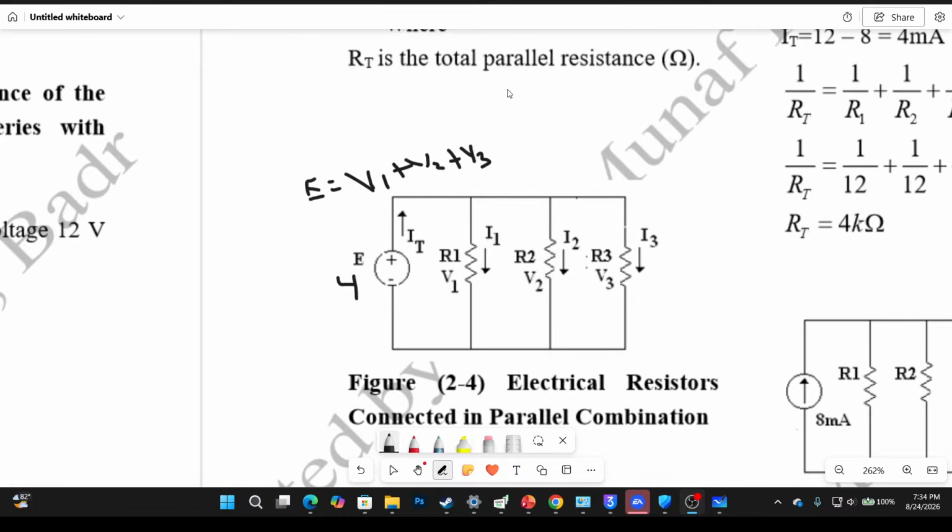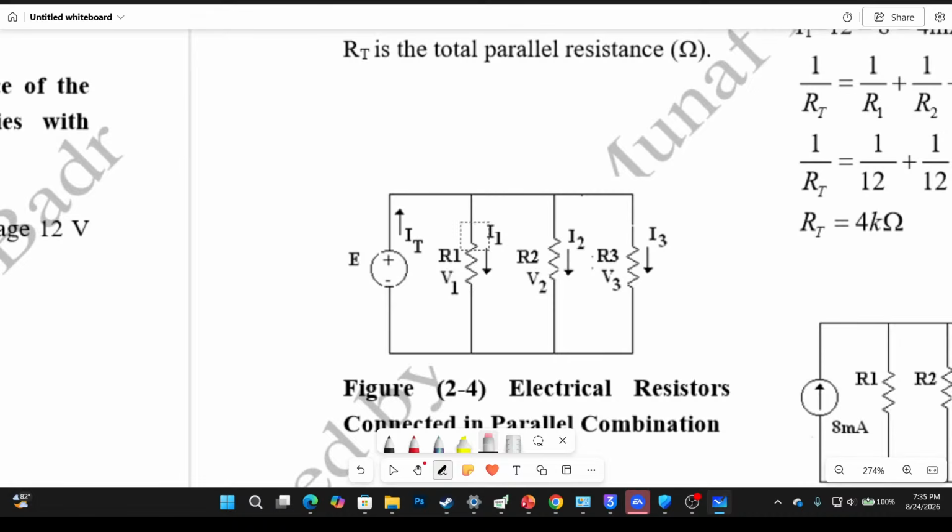We move on to what we call the KCL and then the KVL. The KVL and KCL. The KCL states that the sum of the currents entering a node equals the sum of currents leaving the node.